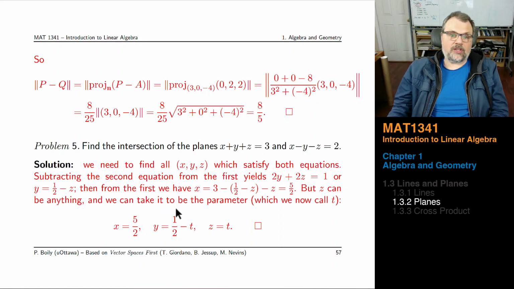So that gives me x is equal to 3 minus y, which is 1 over 2 minus z. Great. And that's equal to 5 over 2. Why? Well, 3 minus 1 over 2, that would be 6 over 2 minus 1 over 2, 5 over 2. And I have minus minus z, which is z minus z, which is 0. There's no more z. So x has to be equal to 5 over 2.